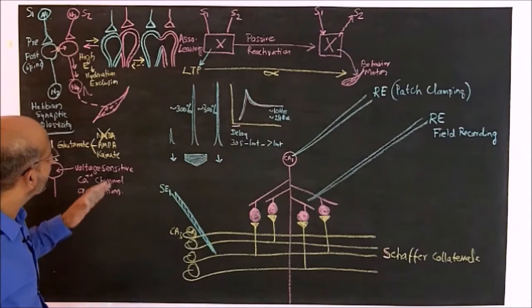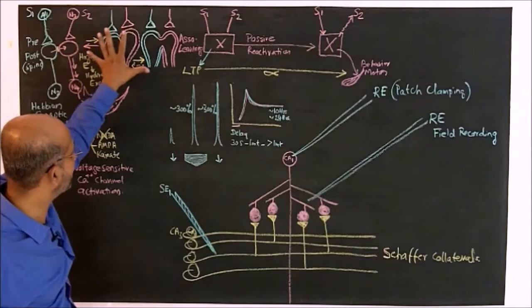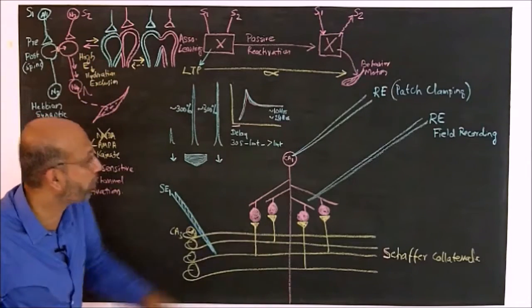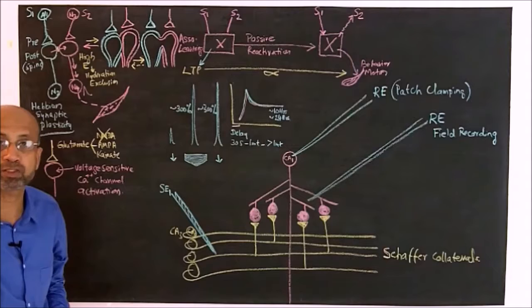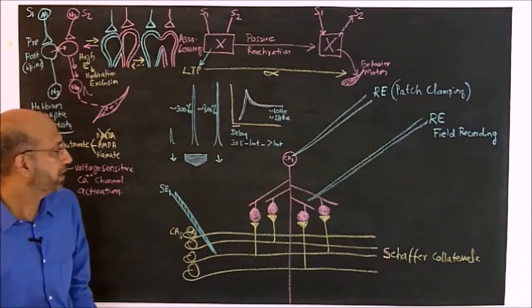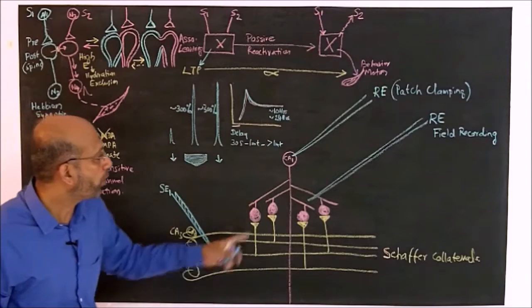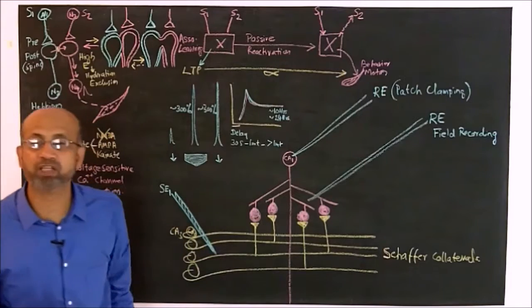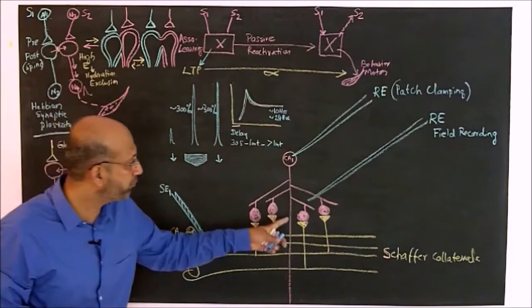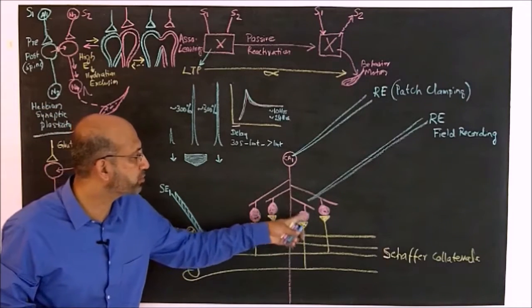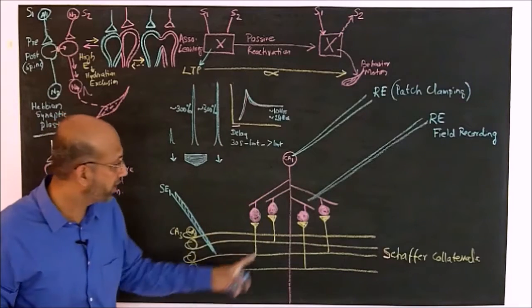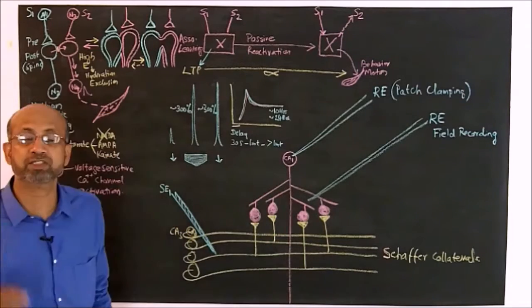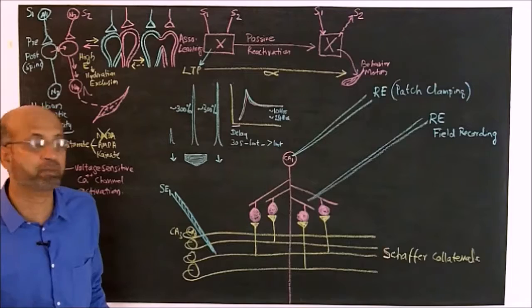Now the question is, can we use these explanations to explain long-term potentiation and all its features? So for that, let us draw all the interpostsynaptic functional links that can be formed between the dendritic spines of different CA1 neurons at this location as responsible for inducing LTP.